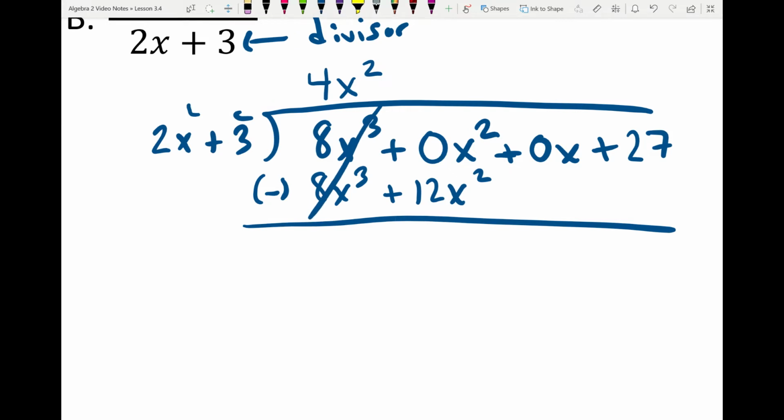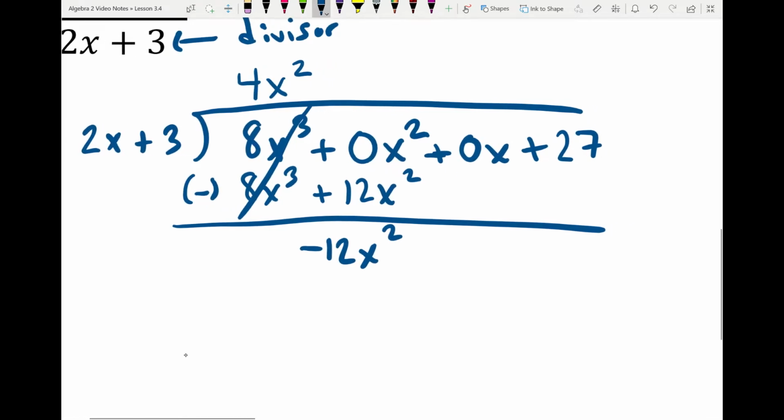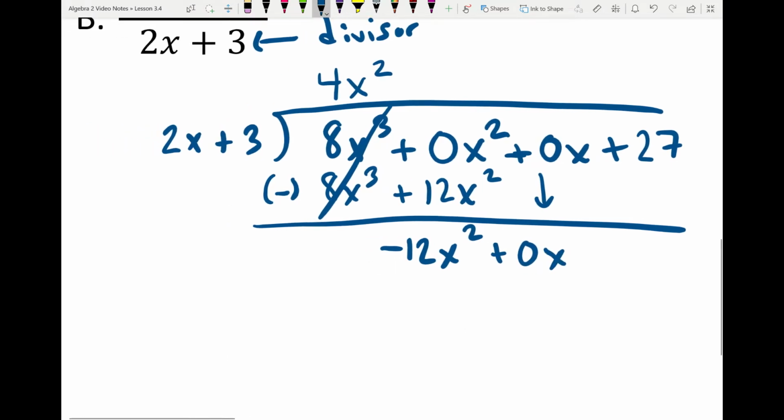I'm going to erase these arrows now. 0 minus 12 is negative 12x squared. Now I'm going to bring down the 0x placeholder, and continue, rinse and repeat. How many times does 2x go into negative 12x squared?